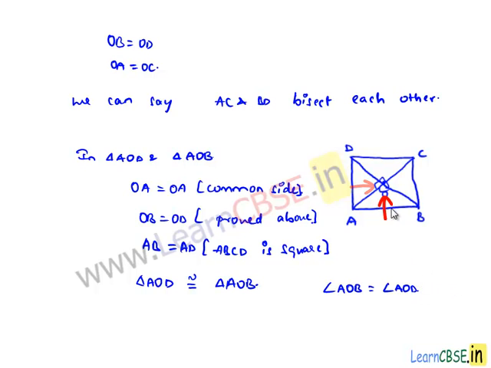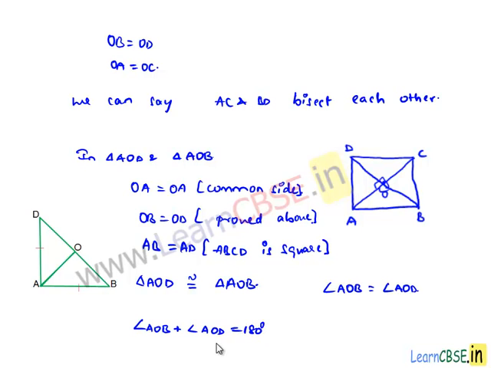Now if we observe clearly, angle AOB and angle AOD form a linear pair about line BD. So we can say the sum of angles on a linear pair, that is angle AOB plus angle AOD, will be equal to 180 degrees. We know that AOB is equal to AOD, so let us replace it by AOB. Therefore we get angle AOB plus angle AOB is equal to 180 degrees.